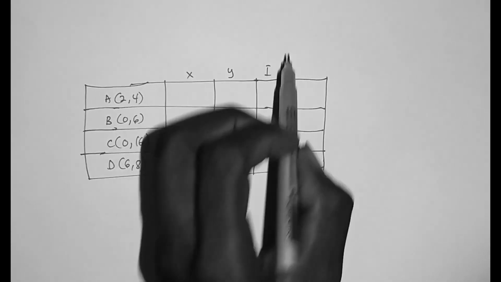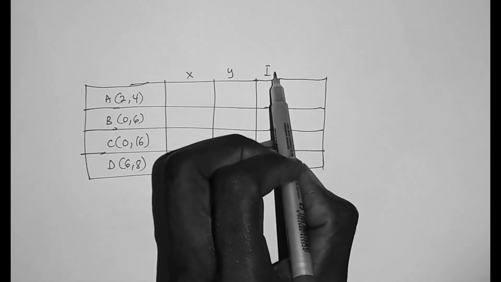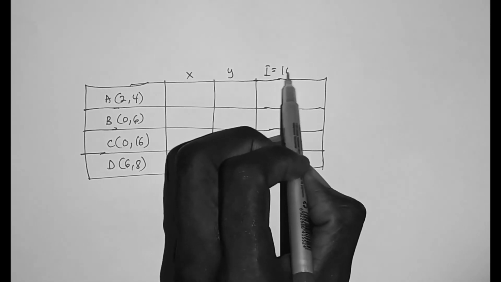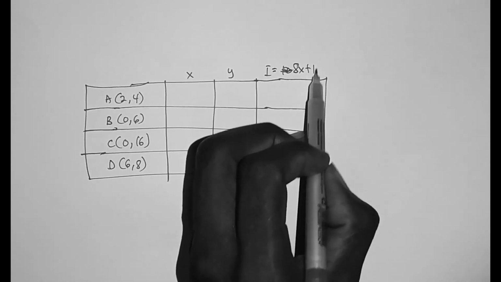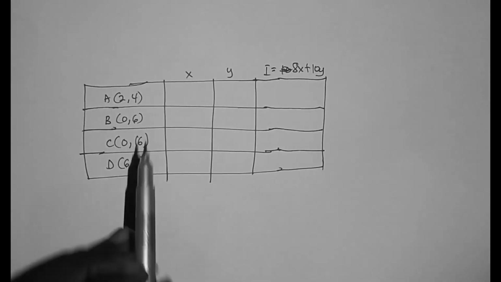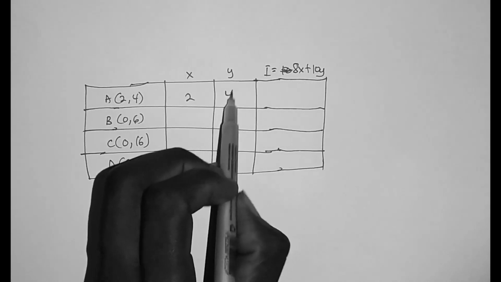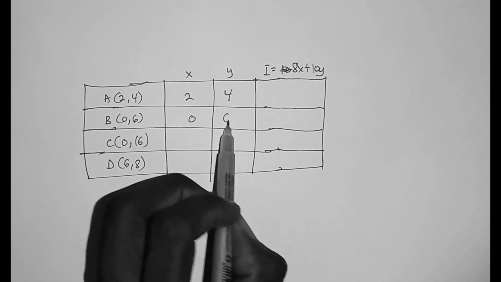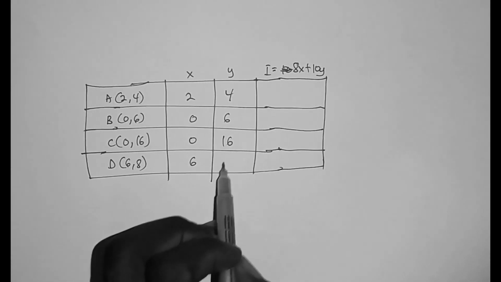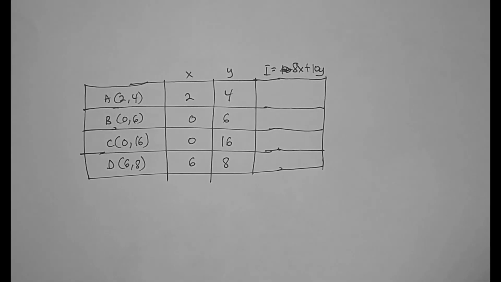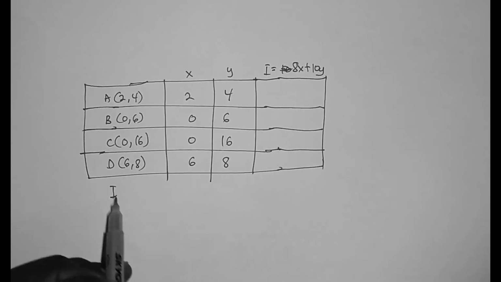So our objective function is equal to 8x plus 10y. So a is 2, 4, and b is 0, 6, c is 0, 16, and d is 6, 8. So let's find I of a.